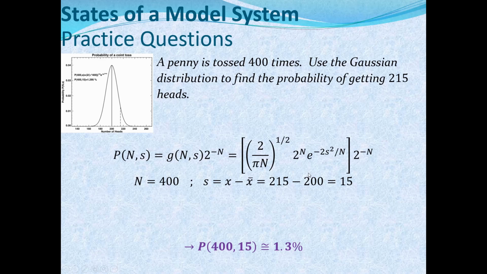A very quick and easy way of figuring that out is by just taking the difference between the average number, the half number, and the number we have, and we end up getting 15. Essentially, this is the same thing. It's written differently, but this is what we had in that first slide of n up equals 1/2 n plus s. So you could have used that as well, but you'd end up getting that s is equal to 15. Putting all this together, that gets us that the probability is 1.3%.